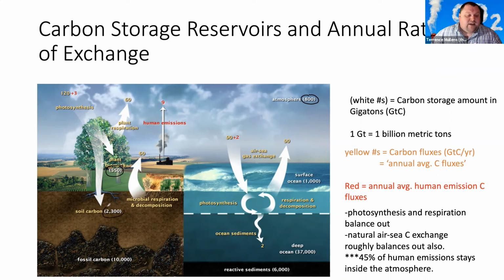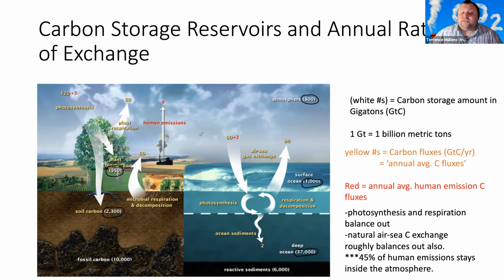Soils have about 2,300 gigatons. Dead organic material, that fossil fuel stuff, has about 10,000. The ocean near the surface has about 1,000. The deep ocean has around 37,000. These are overly simplified numbers.